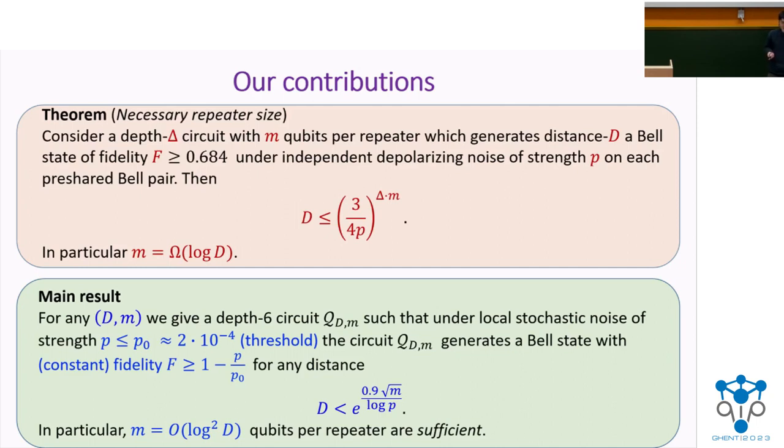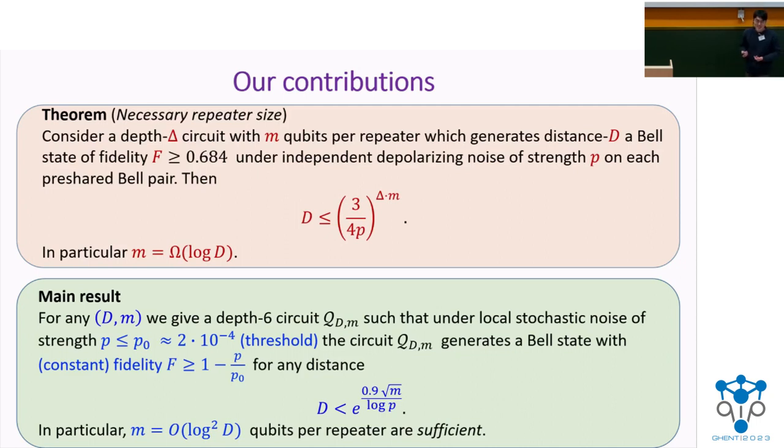Then we can always give a certain quantum circuit Q such that, if our circuit suffers from local stochastic noise of strength below a certain threshold, which we estimate as 2 times 10 to the minus 4, we can guarantee that the output of the circuit always satisfies constant fidelity F, which is always greater than 1 minus p over p0, if our entanglement distance is bounded by exponential in some constant times square root of m.